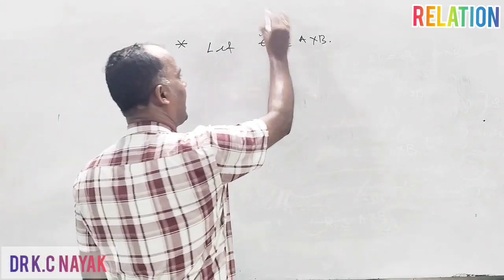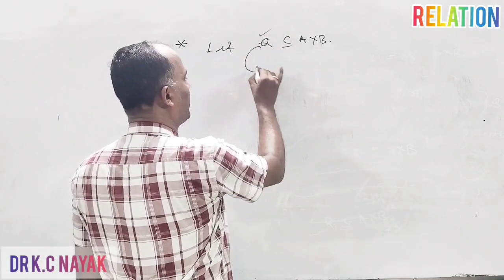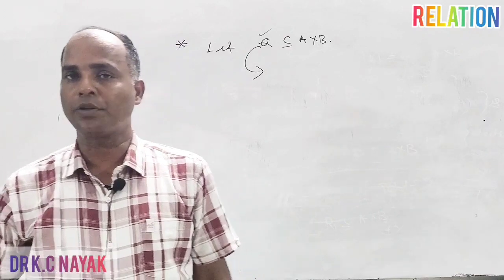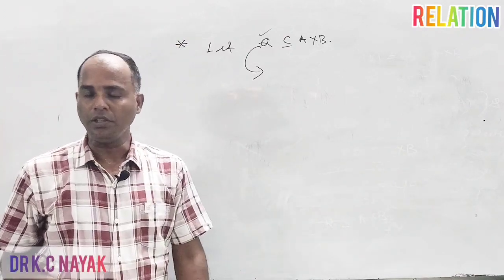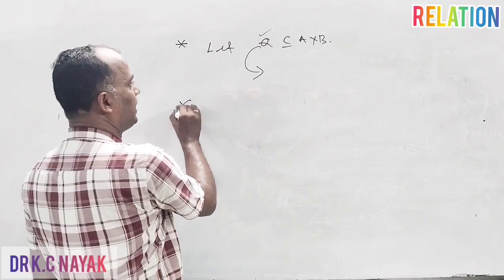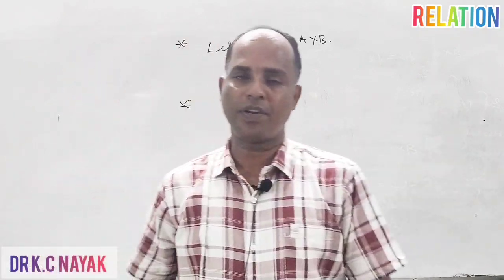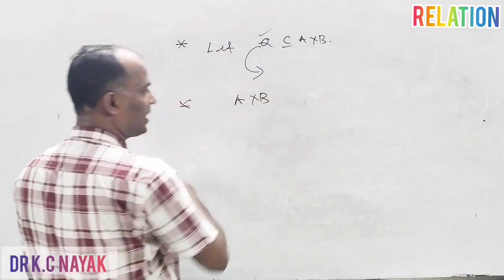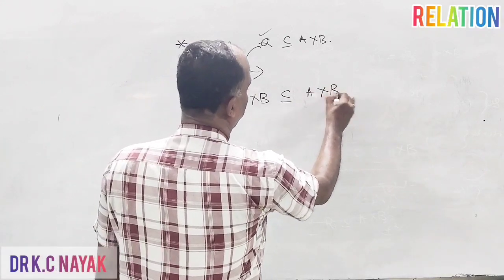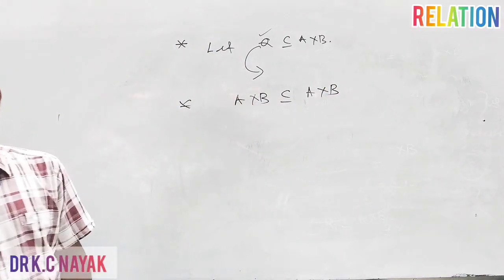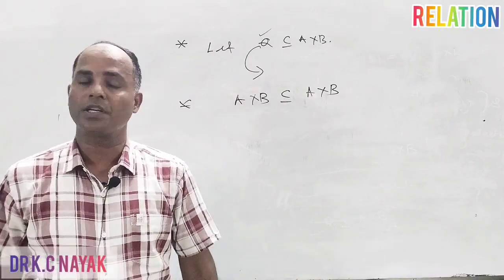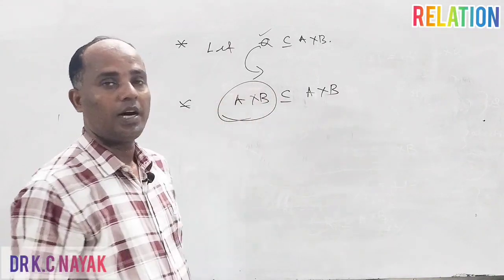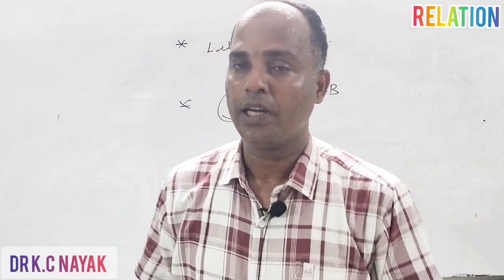That means phi is also a relation, and it is the smallest relation from A to B. Similarly, every set is a subset of itself, so A cross B is also a subset of A cross B. This forms the largest relation.